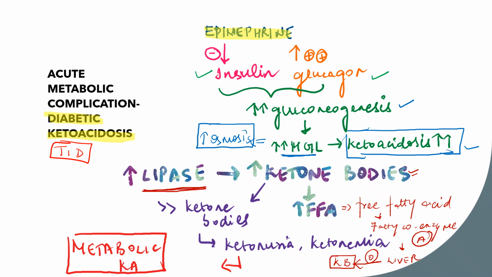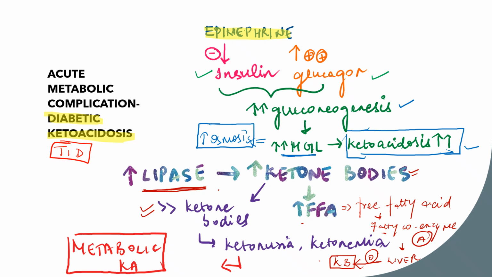So whenever this happens, the ketone bodies will start increasing in the body, because the more the lipase, the more the free fatty acids. So increase in lipase, increase in free fatty acids, increase in fatty coenzyme A, increase in ketone bodies, and these ketone bodies will start developing in excess.